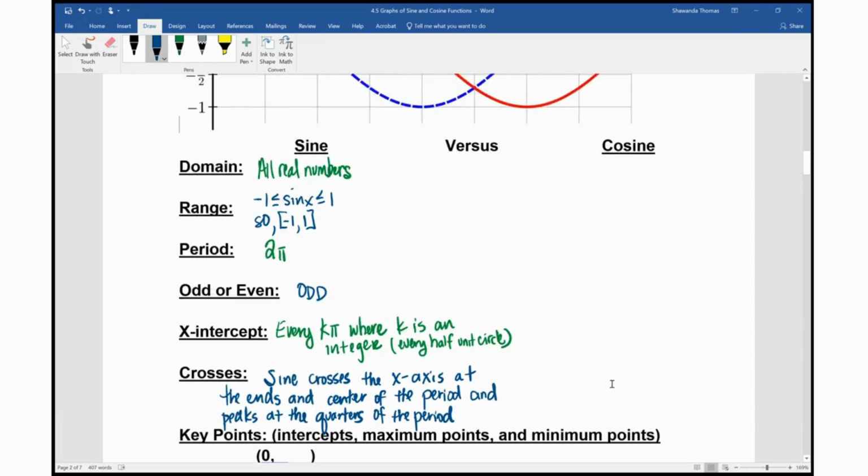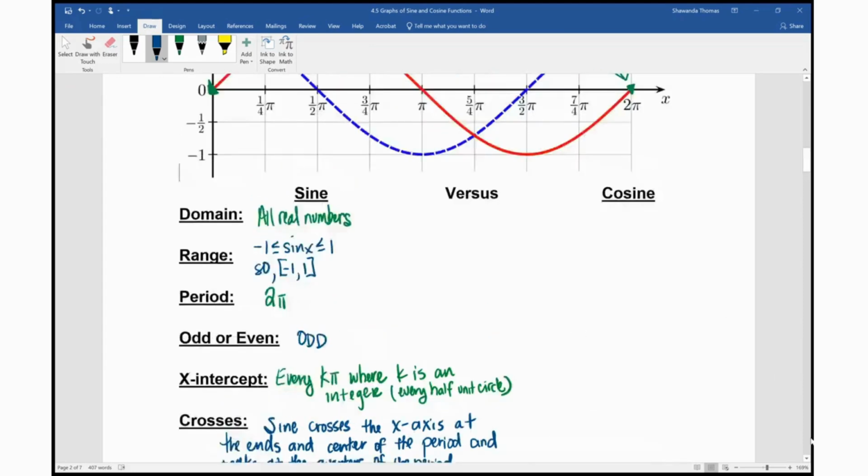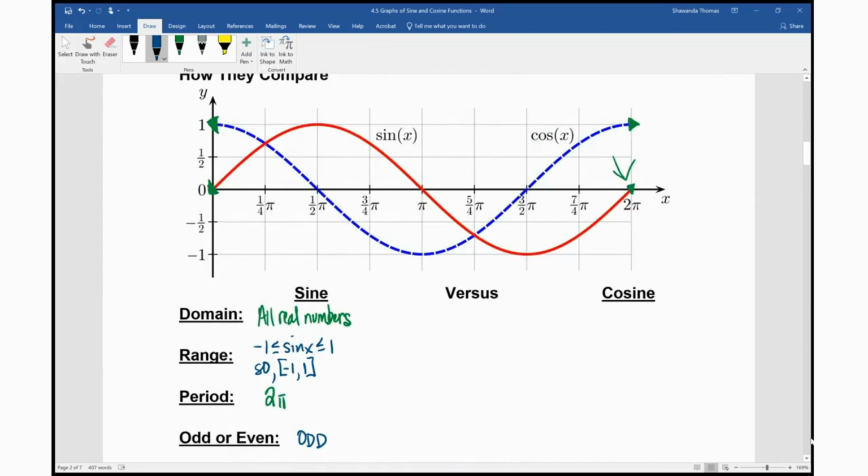Cosine. Let's talk about cosine. The domain. What do y'all think the domain is for cosine? Again, domain is this direction. All real numbers. It's going on forever in that direction, the x's. Range.